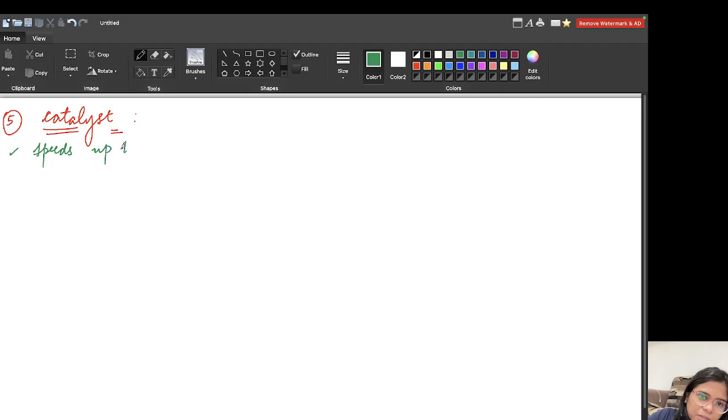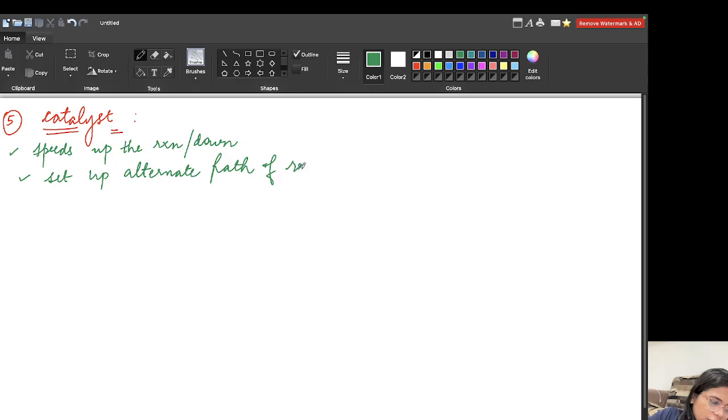It speeds up the reaction. Second, it speeds up or slows down, both things it does. Or it sets up an alternate path for the reaction.